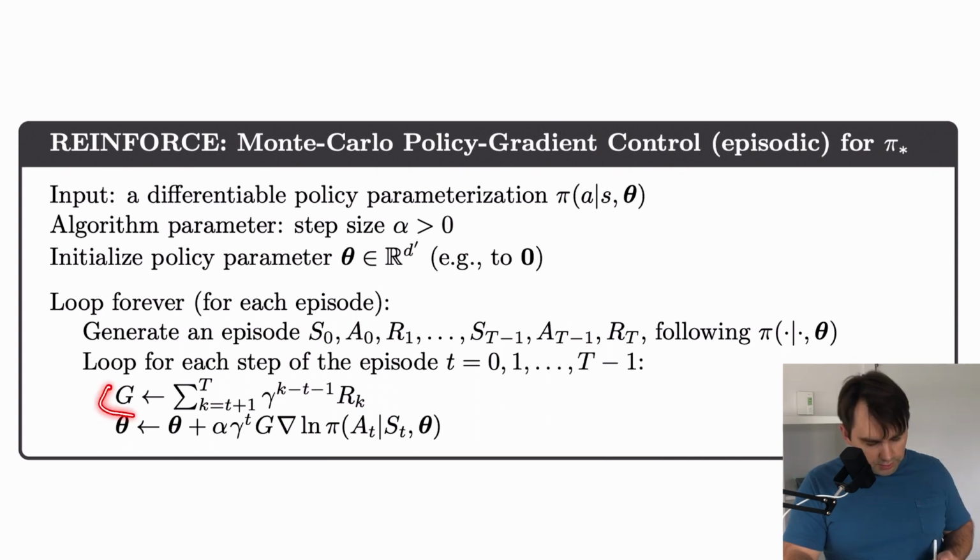Once we compute our discounted return G here for every time step, we multiply it right here by this other quantity right there. And this other thing is the gradient of the log of the policy. In other words, we take the output of our policy right here, compute the log of it, and then compute the gradient. This is what we multiply our G term by.